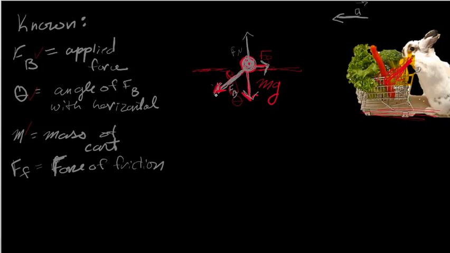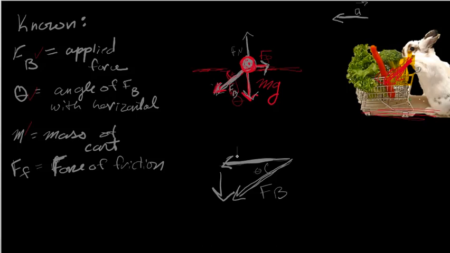I'm not going to do my components on my free body diagrams. Let me draw this a little bit bigger over here. You've got your horizontal, and I'm just going to look at the one force, the force of the bunny. We have your theta. Now you know that it's going to have two components because the bunny's pushing over, which is accelerating the cart, and the bunny is also pushing down.